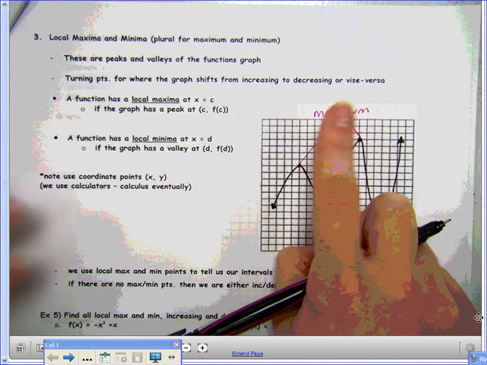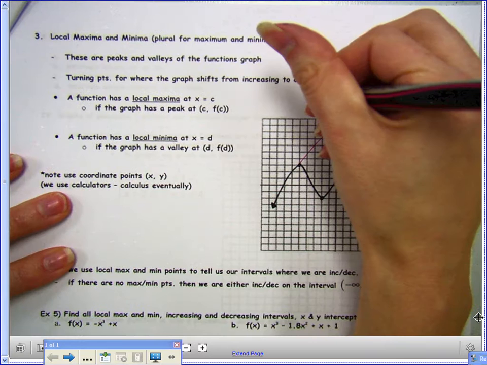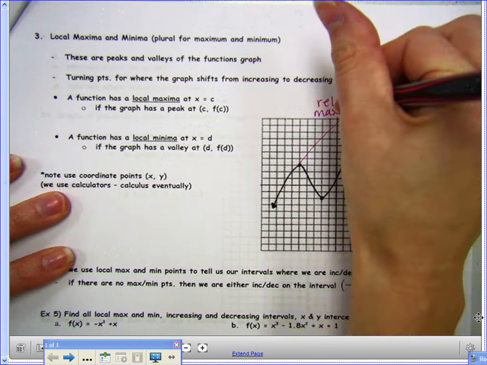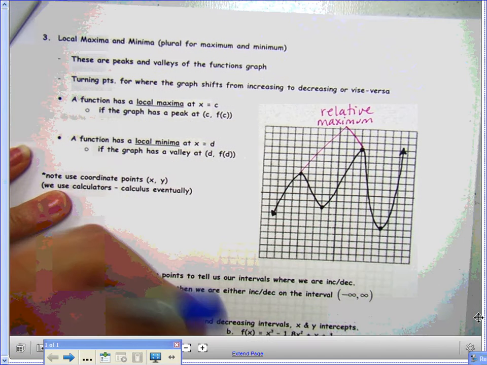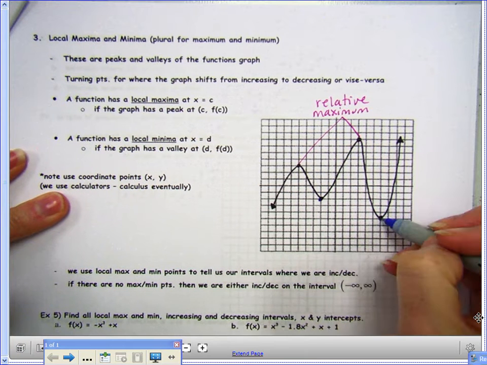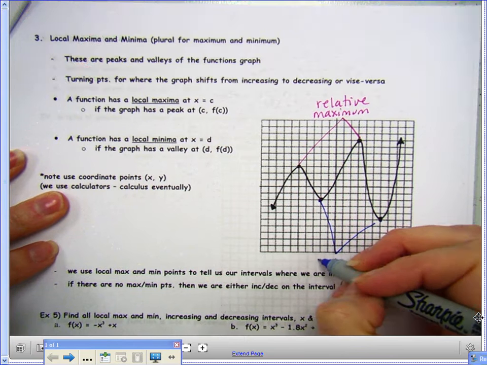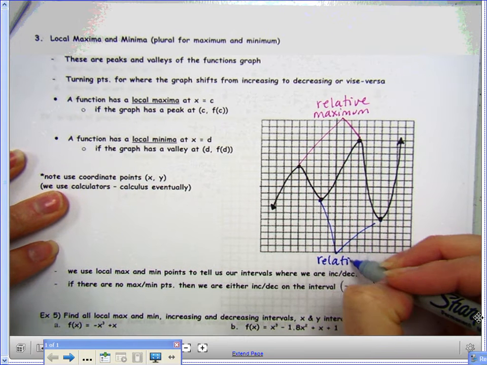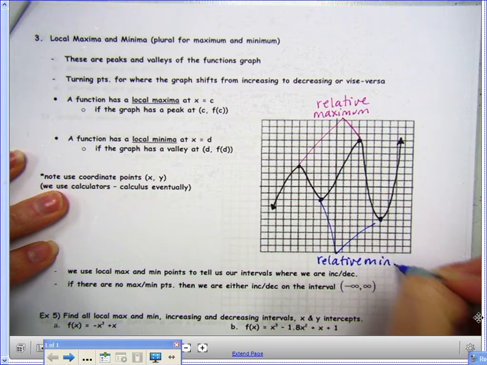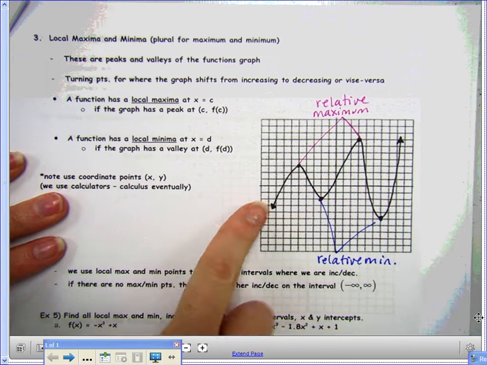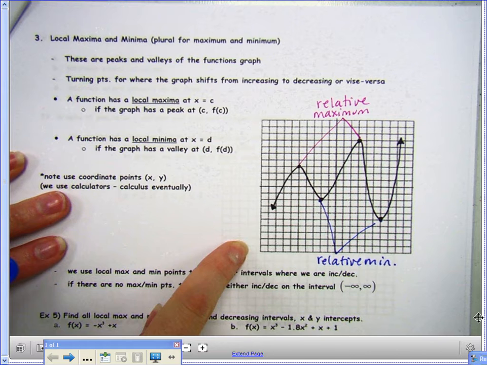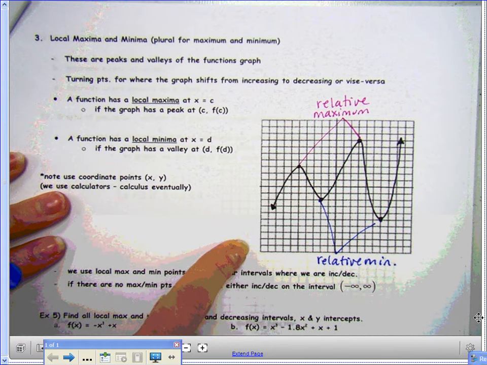So in this case, we would call these relative maximum points. And these other points right here and here would be called the relative minimum points, because relative to the points around them, they're the lowest. However, because our graph is going to negative infinity right here, they are not the actual lowest points on our graph.